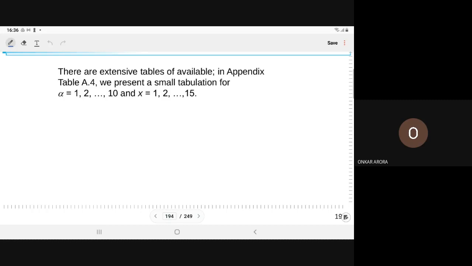So we have only numerical values of the CDF for particular values of alpha and for some x. In Table A.4, we have the CDF of the gamma distribution for different values of alpha and different x, or gamma observations.